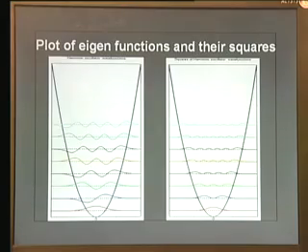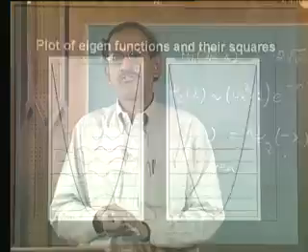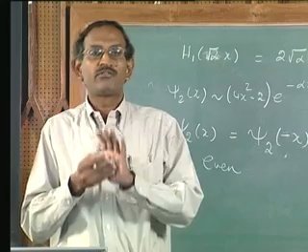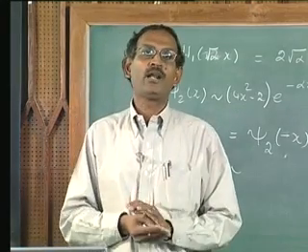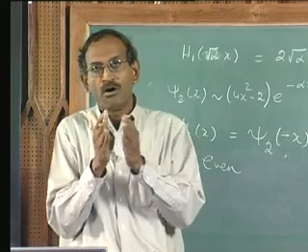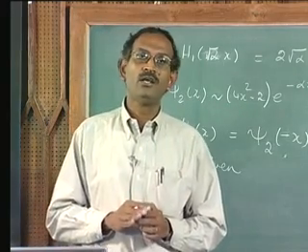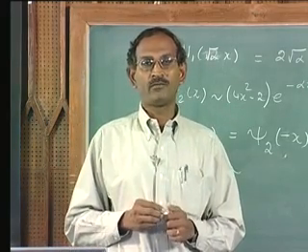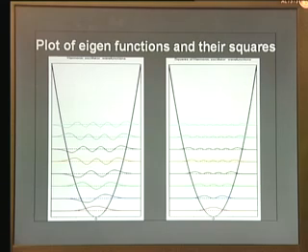Much as we plot the eigenfunctions, even more interesting is not the functions themselves but the square of the functions, because the square of the function calculated in a small region, multiplied by the small region, gives you the probability that the oscillator will be in that region. So if you look at the square of the functions, that's given on this side.